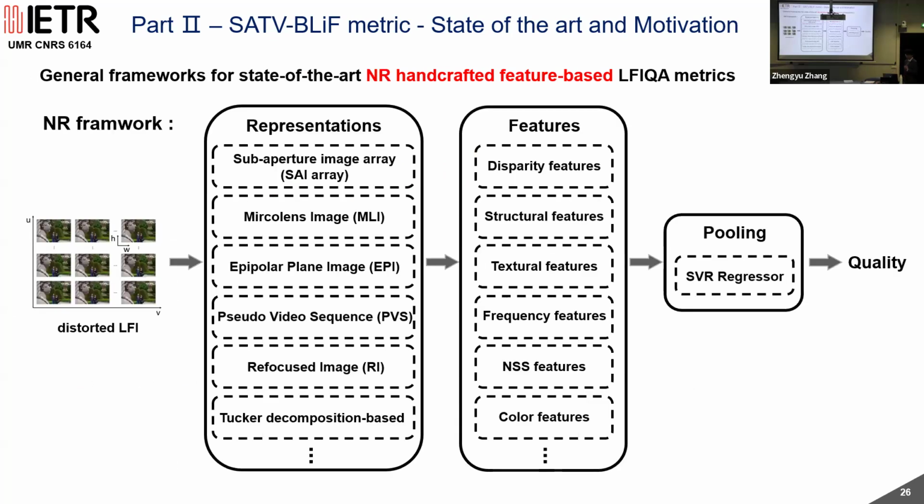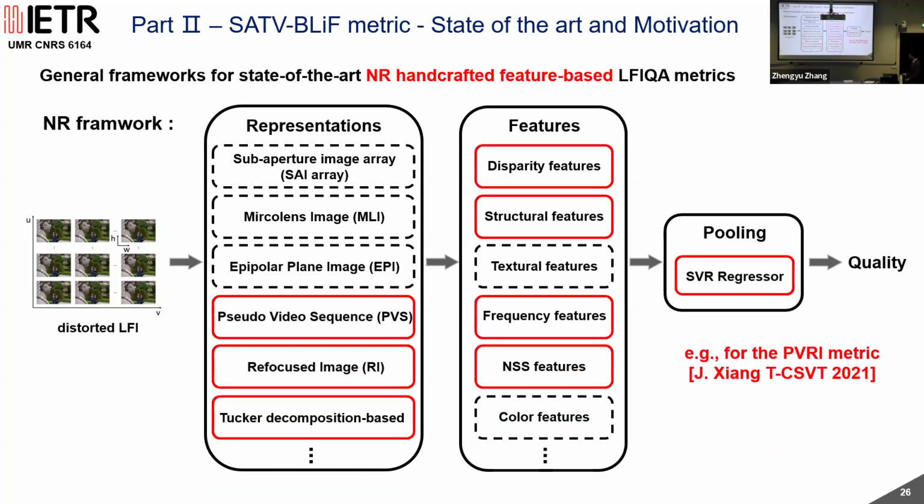We then go deeper into the state-of-the-art no reference framework. We can see that there are many kinds of representations and many kinds of features that have been used in the state-of-the-art no reference metrics. For example, for the PVRI metric proposed by Zhang in 2021, they use 3 kinds of representations and 4 kinds of features to predict the quality of light field image.